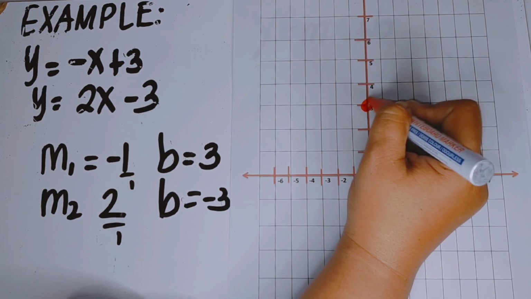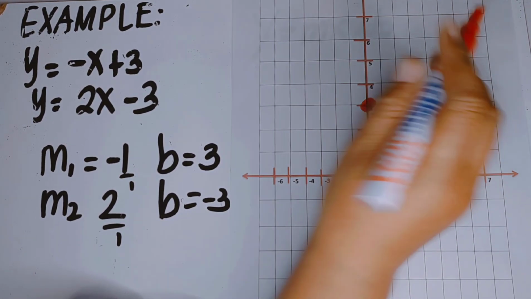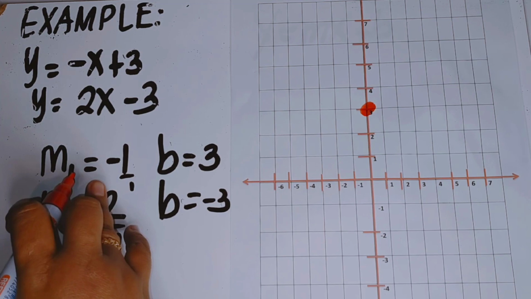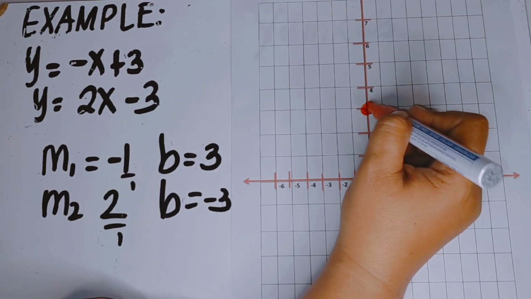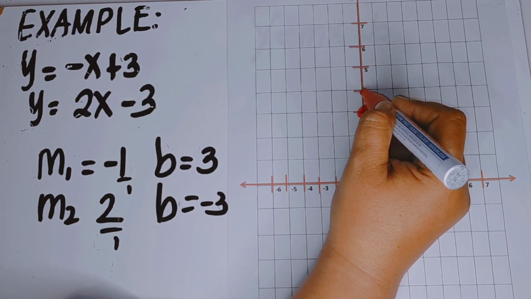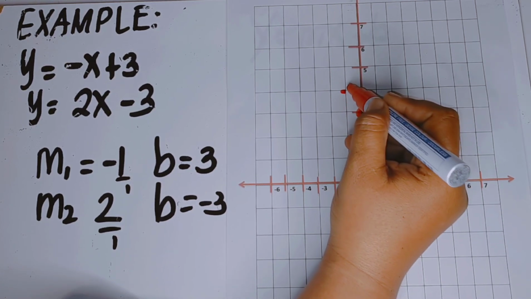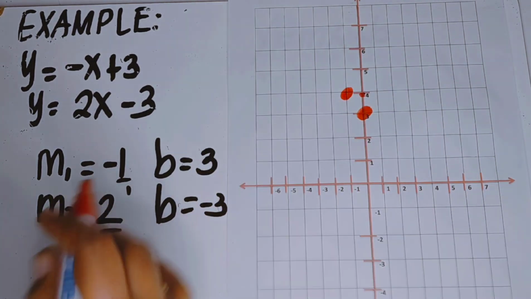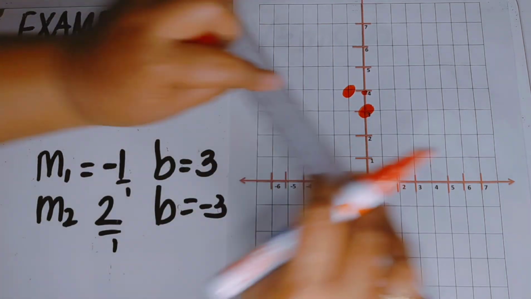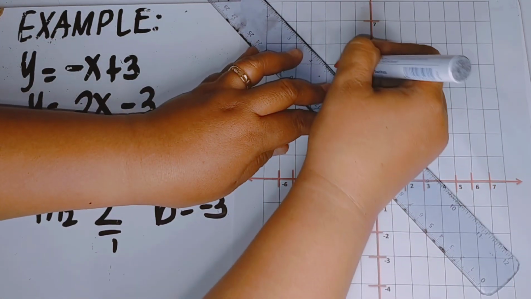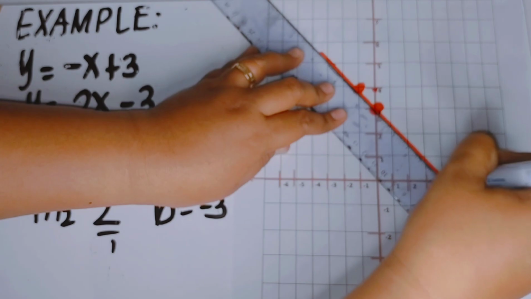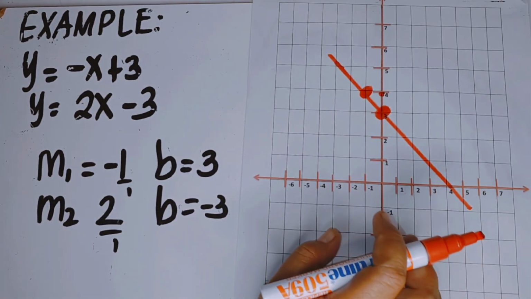So, dito ang first point. Then, negative 1 over 1 ang slope. So, ang gagawin natin, isang beses pataas, then isang beses pakaliwa. Bakit pakaliwa? Kasi negative ang slope. So, yan ang first equation.